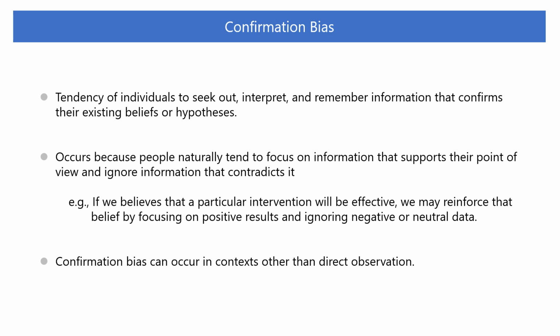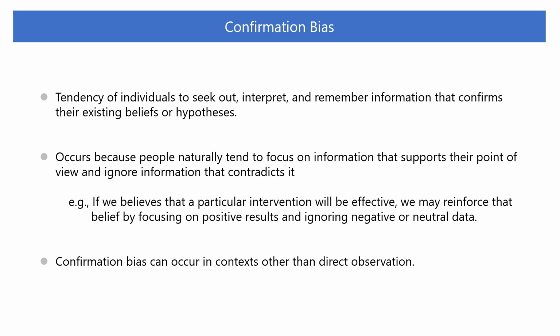Confirmation bias refers to the tendency of an individual to seek out, interpret, and remember information that confirms their existing beliefs or hypotheses. This can lead to the ignoring of evidence to the contrary. This bias occurs because people naturally tend to focus on information that supports their point of view and ignore information that contradicts it.